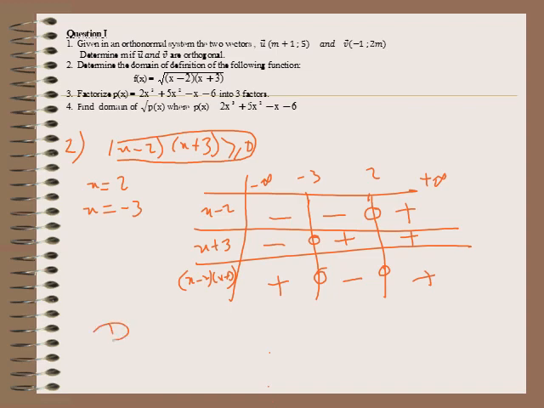So the domain of definition is minus infinity to minus 3, union 2 to plus infinity.